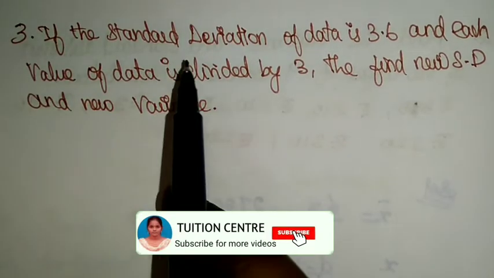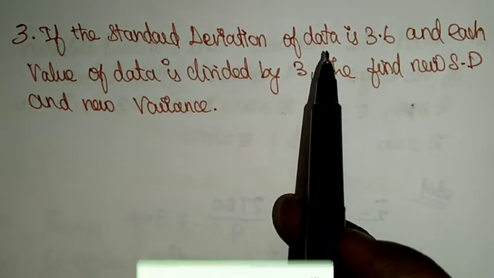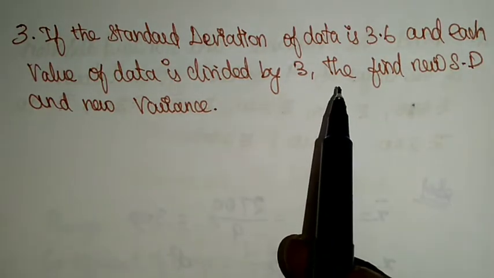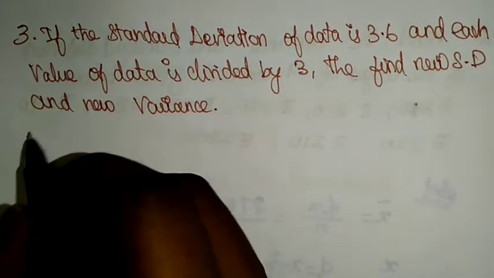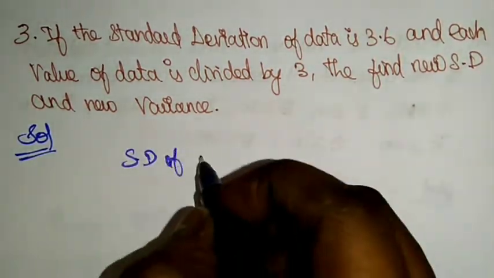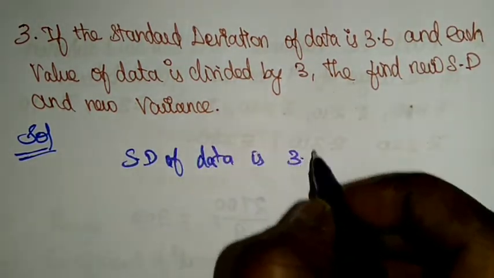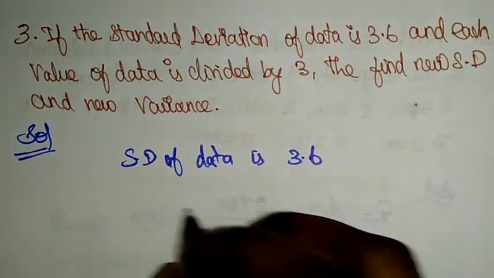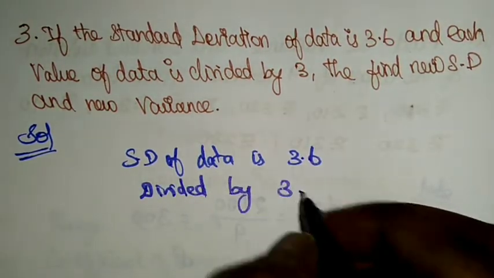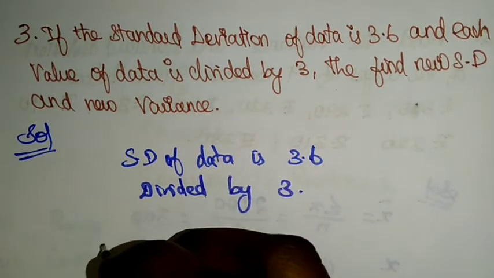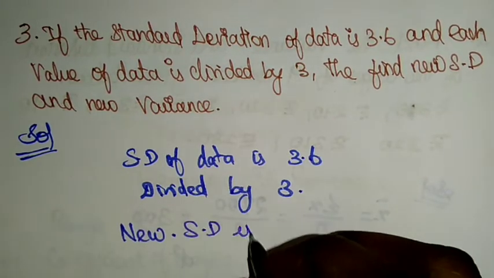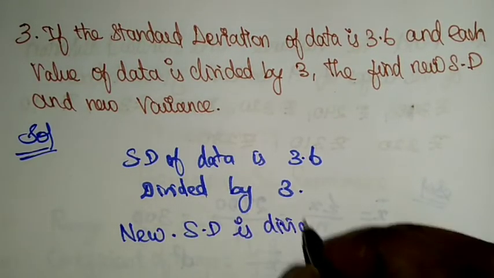Third problem: if the standard deviation of a data is 3.6 and each value of the data is divided by 3, find the new variance and new standard deviation. Here the solution: the standard deviation of the data is 3.6 and each data value is divided by 3. So the new standard deviation is also divided by 3.